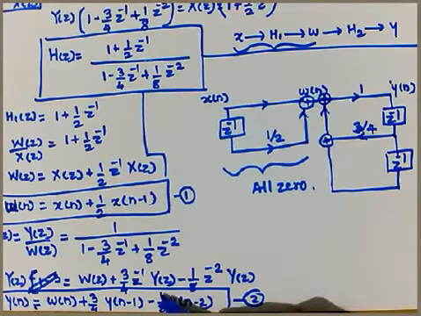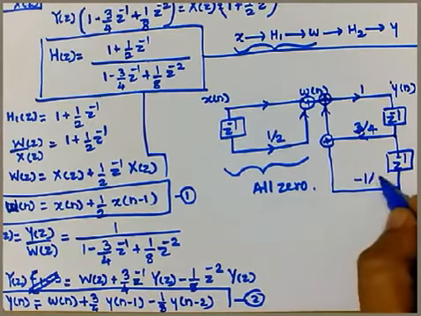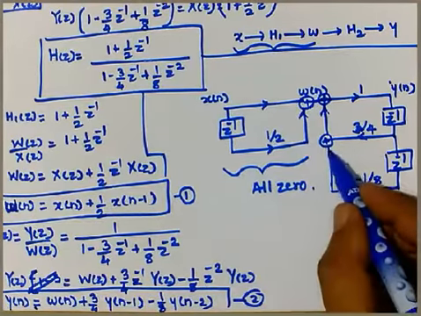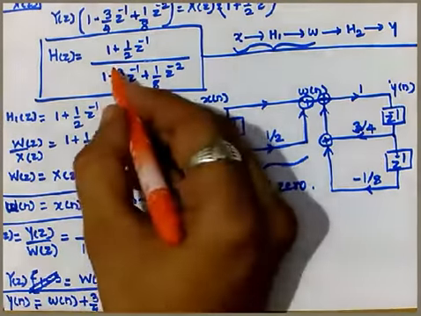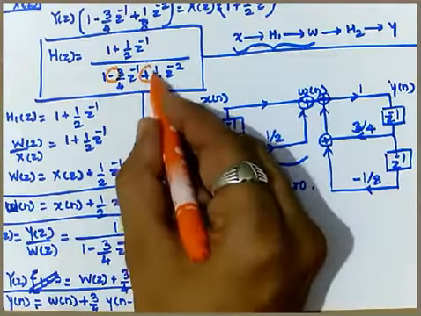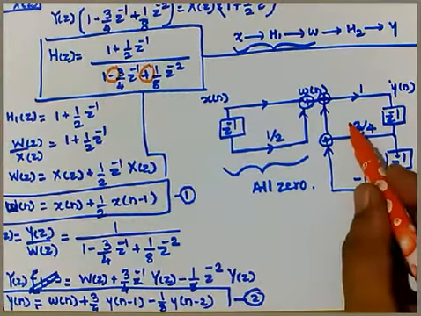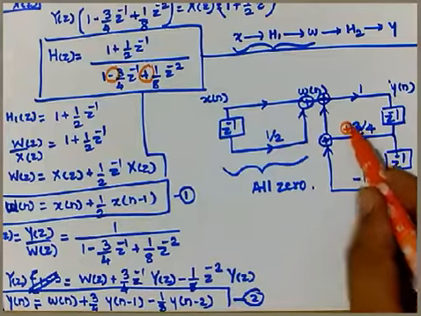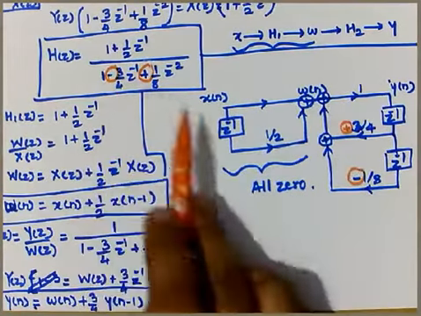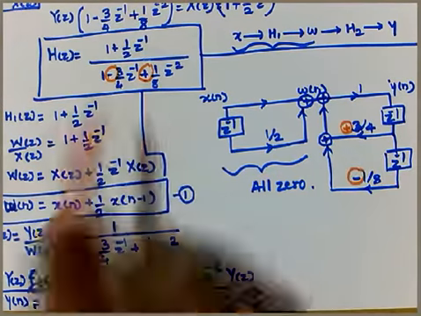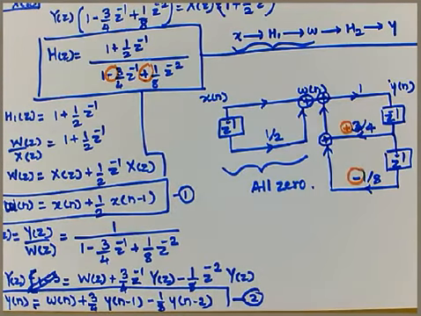Scaling is done by minus 1/8, so this is minus 1/8 and add it here. This is how the signs which we observe at this point are simply changed. This is plus, here it is minus; this is minus, here it is plus. Like this it is changed.